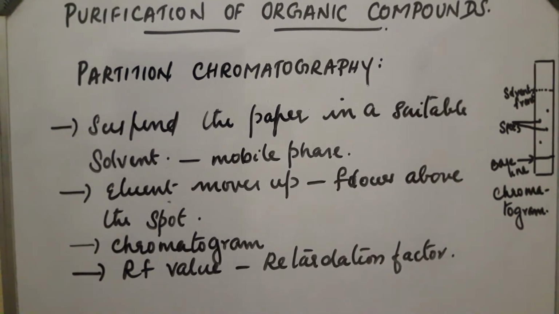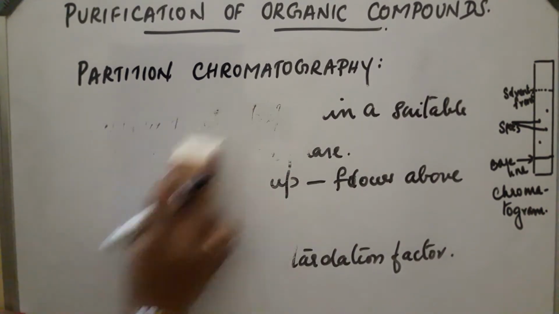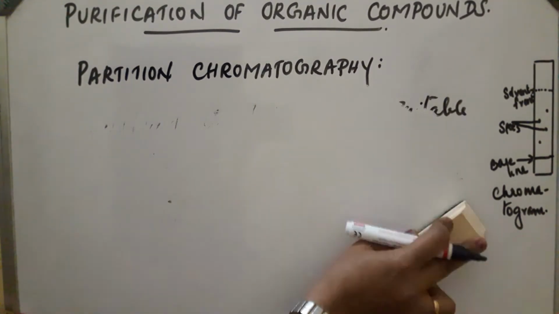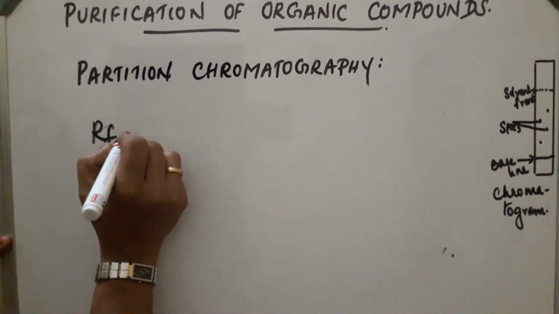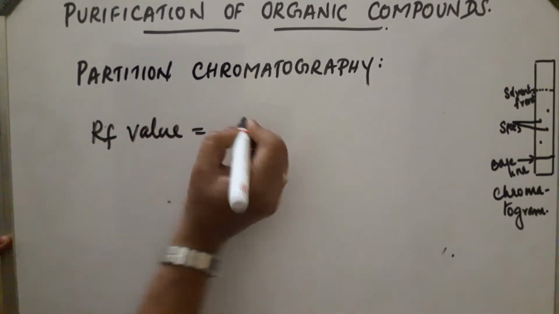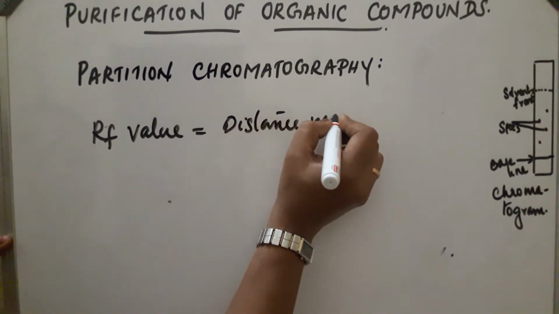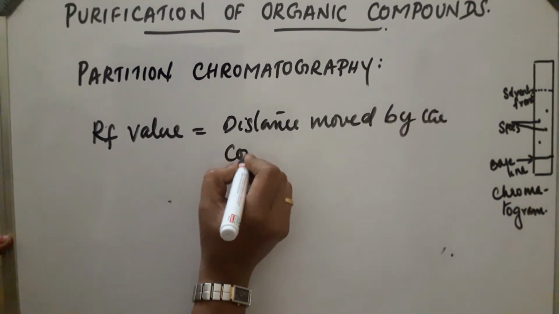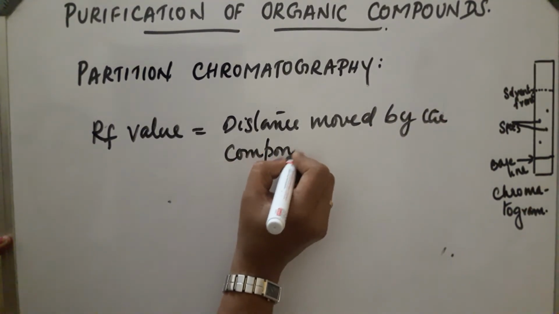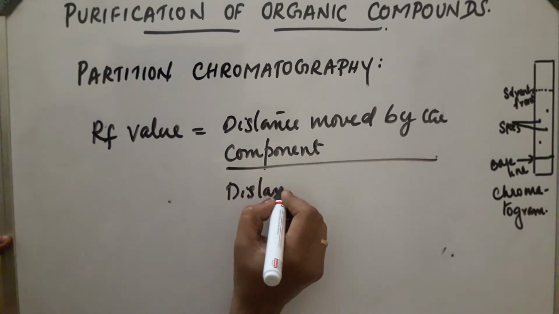So using the different distances, we can calculate the retardation factor, which is equal to the distance moved by the substance or spot from the baseline divided by the distance moved by the solvent. RF value equals distance moved by the component by distance moved by the solvent.